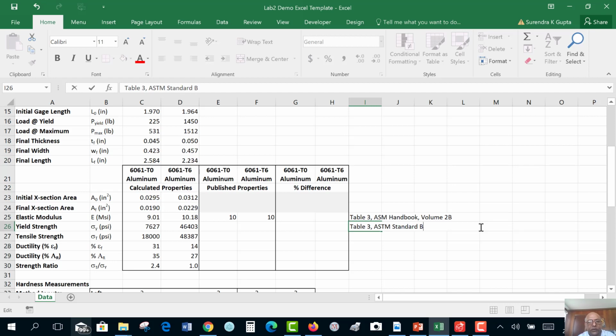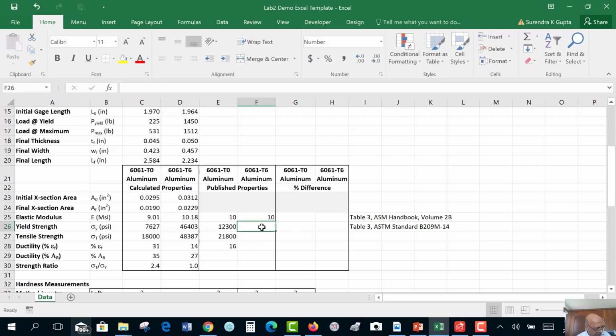This was B209M14. Okay, so we found yield strength. I've converted it to PSI, and it is 12,300. Tensile strength, 21,800, 16%.